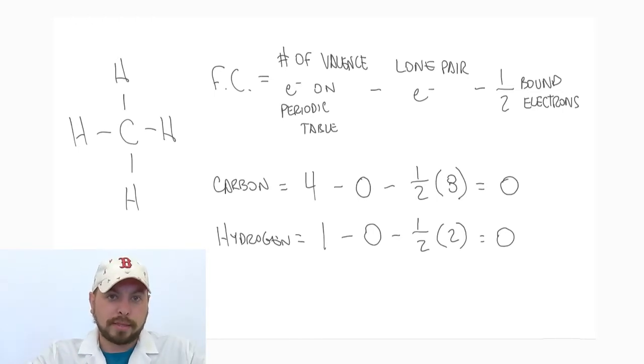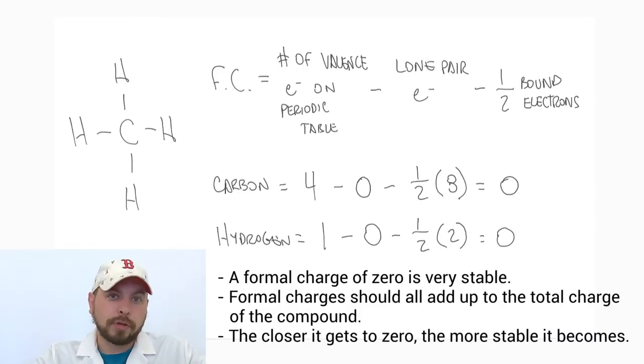So in methane, the formal charge of the carbon is 0, and the formal charge of the hydrogens are all 0. In terms of formal charge, a formal charge of 0 is very stable. In fact, when comparing formal charges, and we're going to talk about this again in a moment, what we're looking for is a situation where the formal charges of a compound all add up to the total charge of the compound.